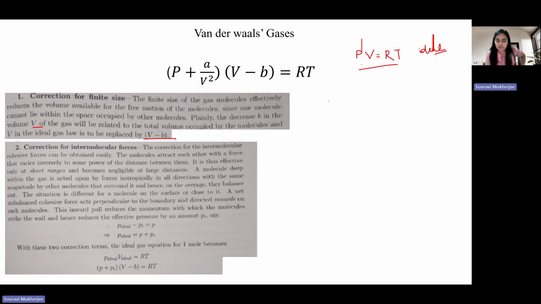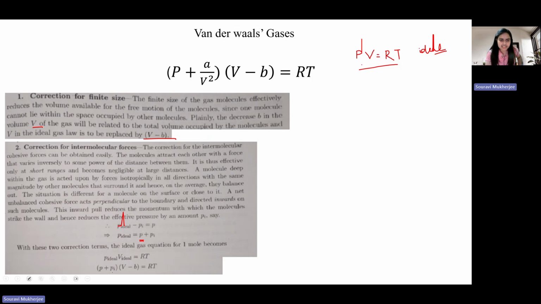Similarly, for the pressure, P ideal will be the effective P, which comes after considering the effective momentum transfer along with the interaction, which is a smaller value, plus some pi term.